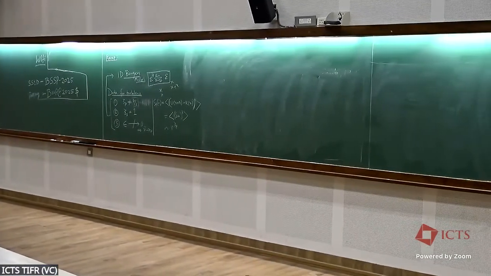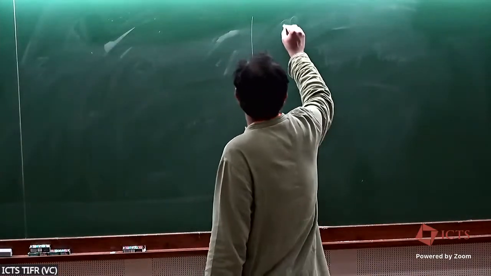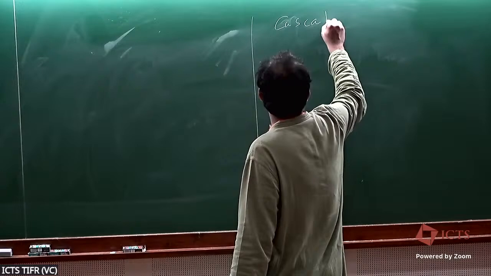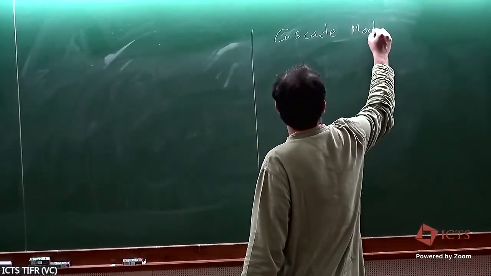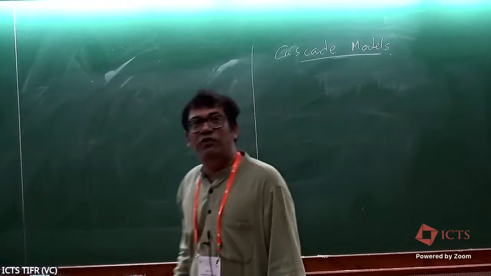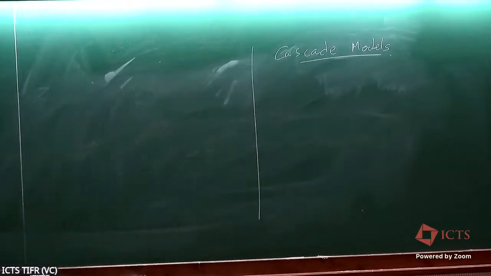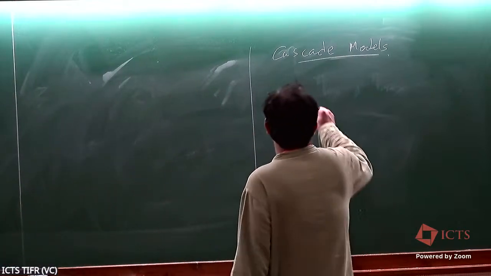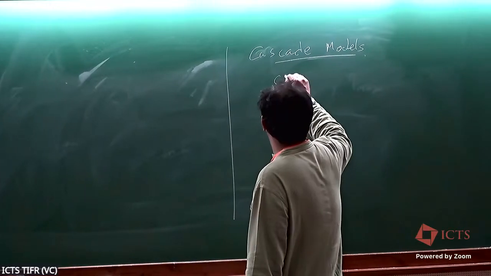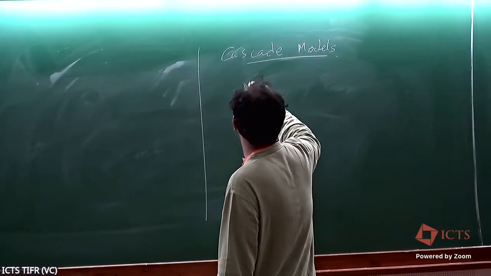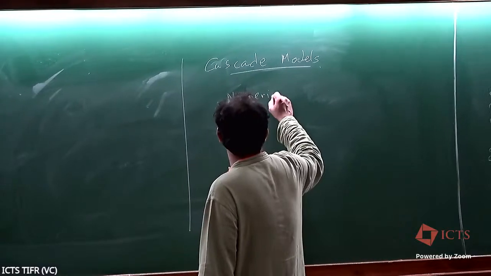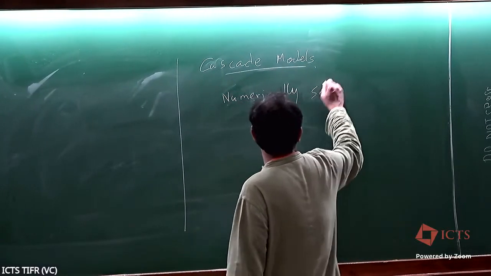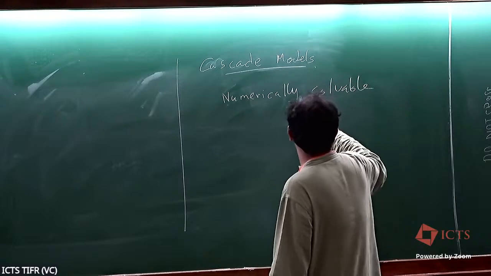By the way, I just wanted to make one remark, which connects to what we were doing before: within this class of cascade models that we did on the blackboard, there is a rather interesting and useful generalization, solvable models.